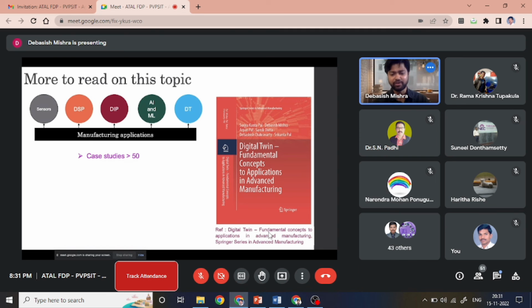It contains more than 50 case studies. It talks about the various sensors applicable to manufacturing, and signal processing and image processing methods. It also speaks about machine learning methods, and finally how we can develop the digital twins, the machine twin and process twin, and how we can emulate the signal processing and image processing information in the twins to make the descriptive and prescriptive analytics for the operations.